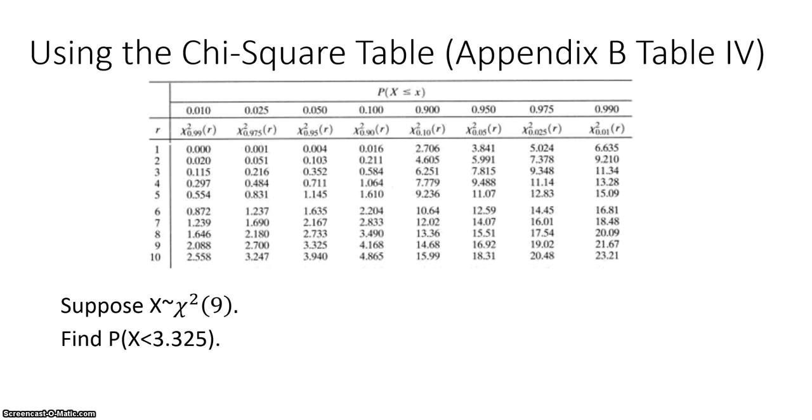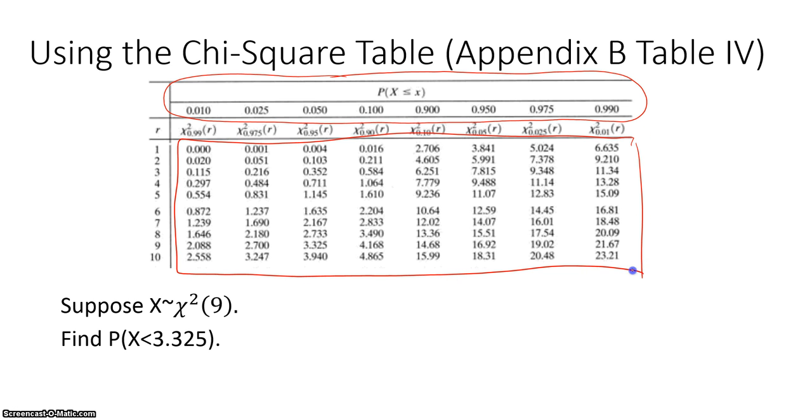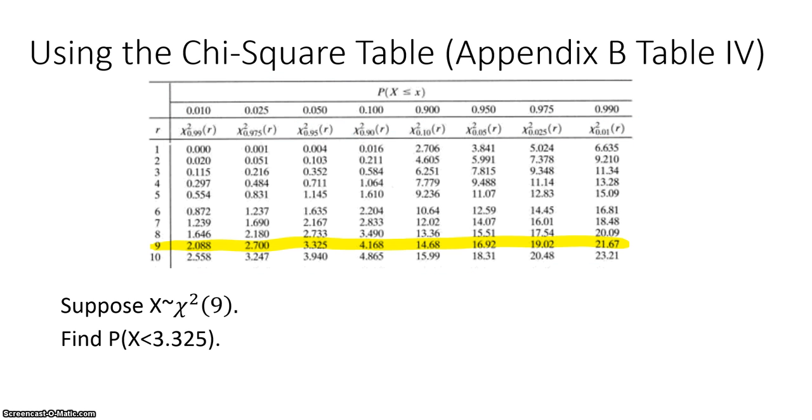Now our table here shows us in this part probabilities that the random variable takes on a value less than X, and the X values are in the body of the table. So we know we're going to be working with 9 degrees of freedom. We're going to be working in this row of the table.